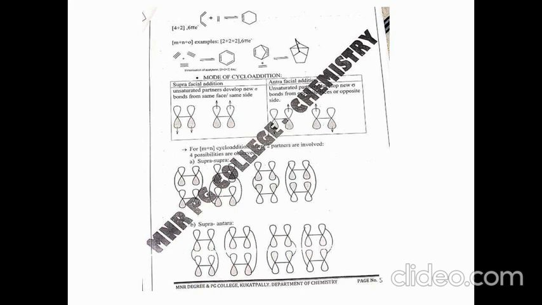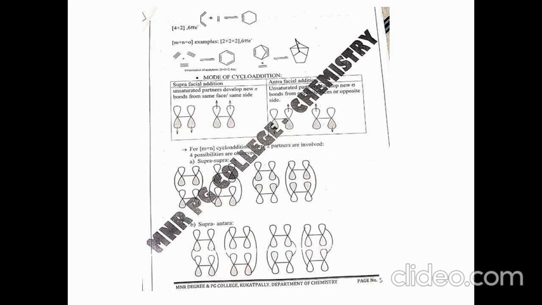Now we come to the cycloaddition reaction, where in order to proceed, a minimum of two components are required. We will concentrate on the m plus n type. Each of the two components can participate in the sigma bond formation in suprafacial or antarafacial style. If we combine all the possibilities, these two components can participate in four ways: supra, antara, supra, antara.